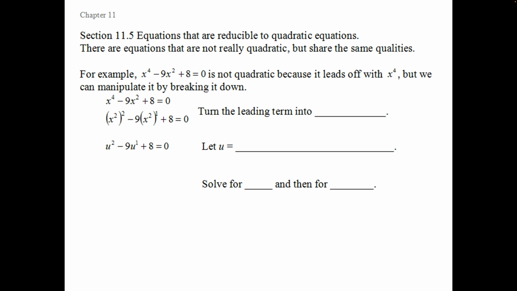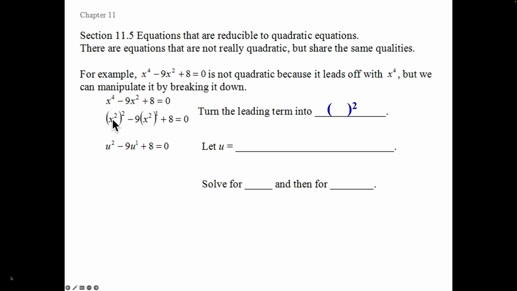First thing you should notice is that you look at these two x terms and notice how one power is double that of the other. Then this being my leading term, I want to convert it into something being squared. And we'll introduce the variable u to equal whatever is on the inside.